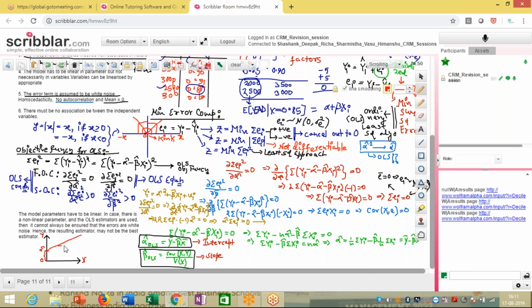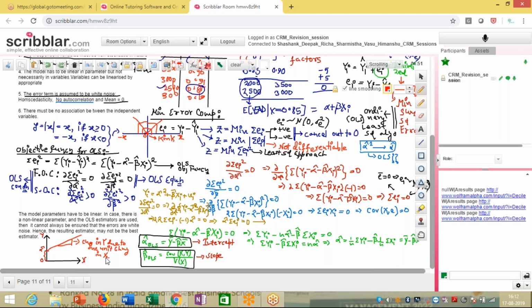So this is the change in y due to 1 unit change in x, right?